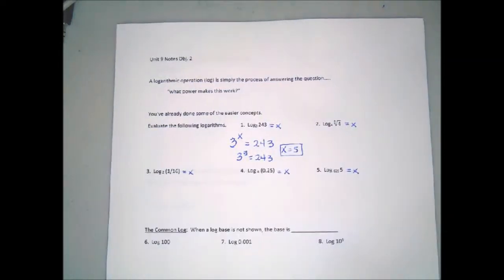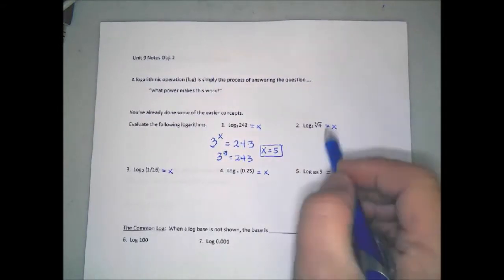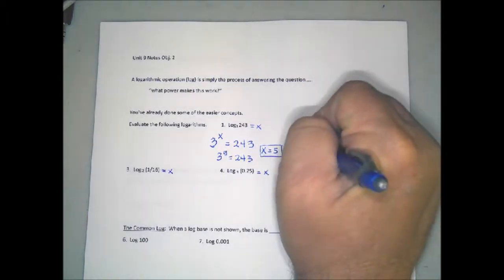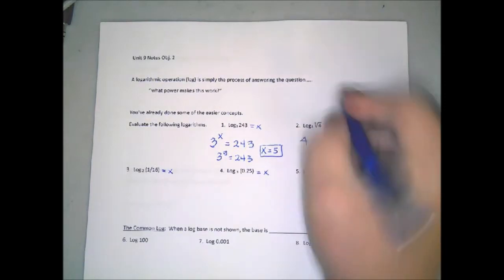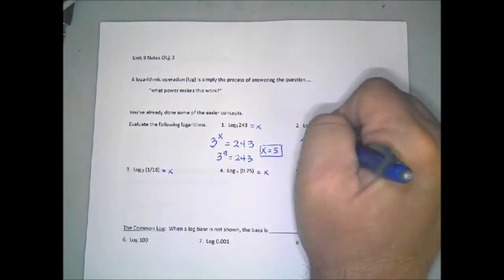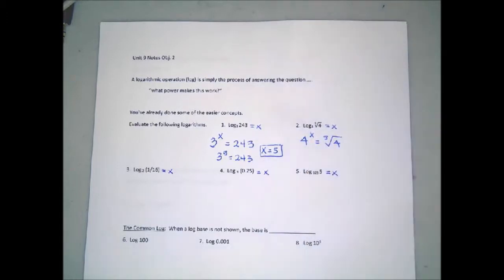Now, for the next problem, I'm going to do the exact same thing. I'm going to take it out of log form and into exponential form. So that would be 4 raised to the x power equals the 5th root of 4.